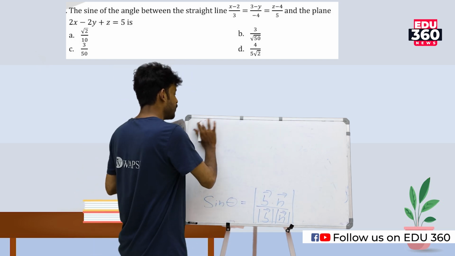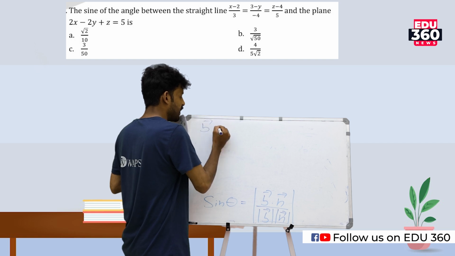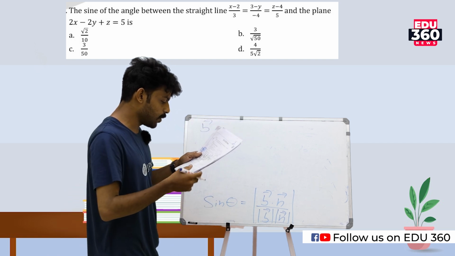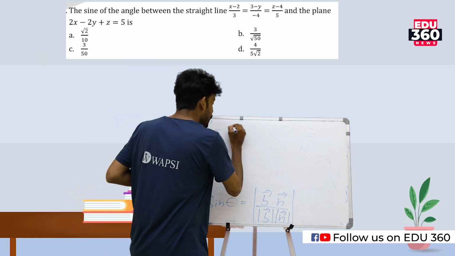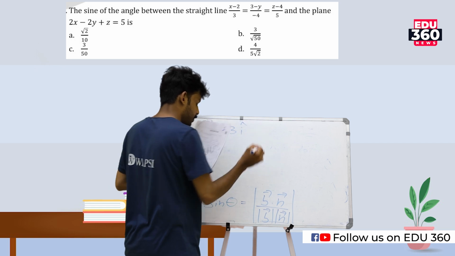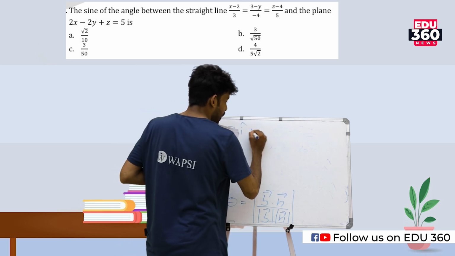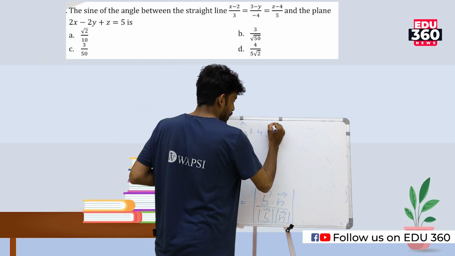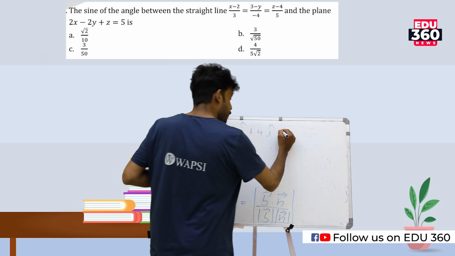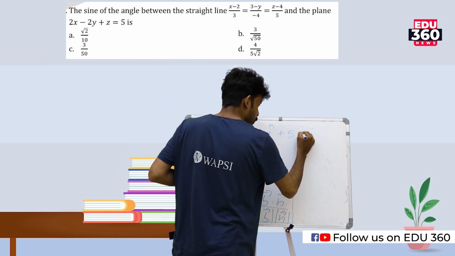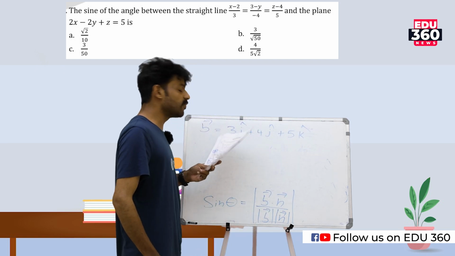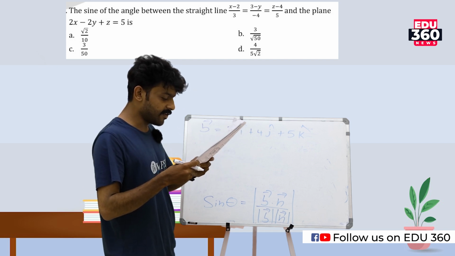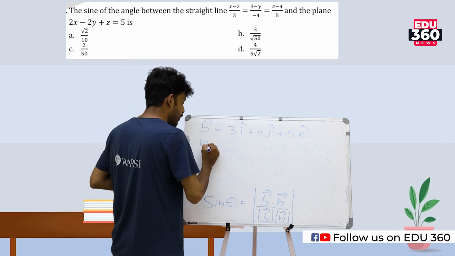We know that the b vector is equal to, let me write the b vector once again, 3i cap plus 4j cap plus 5k cap. This is the b vector, and the next is the n vector. What is the n vector?